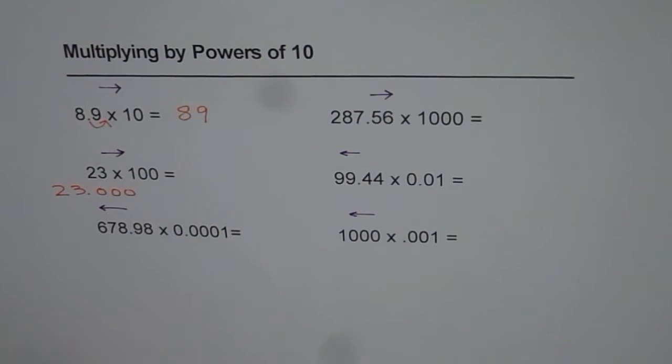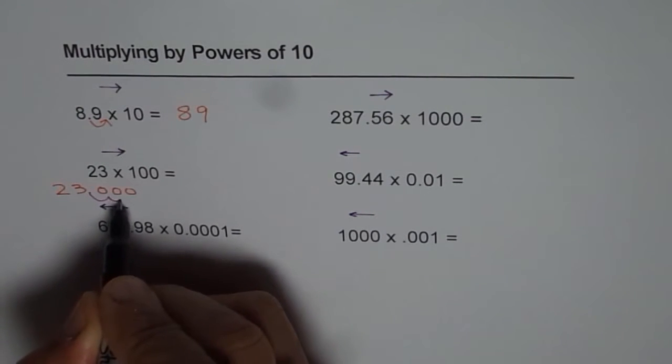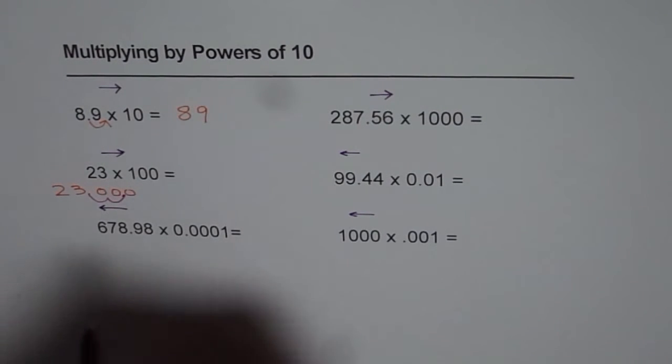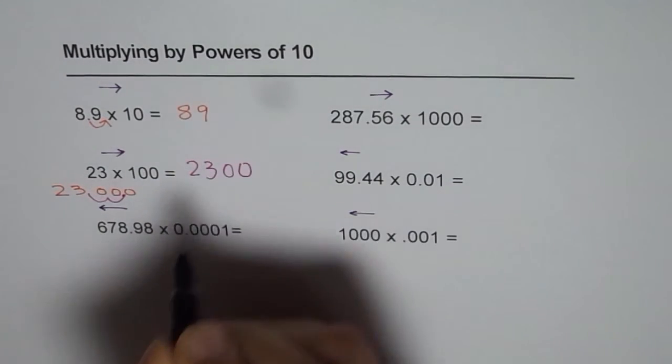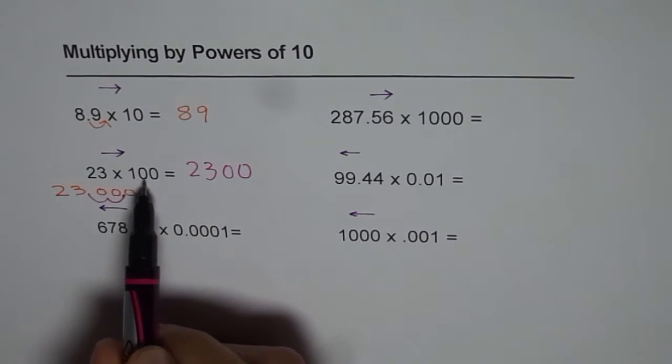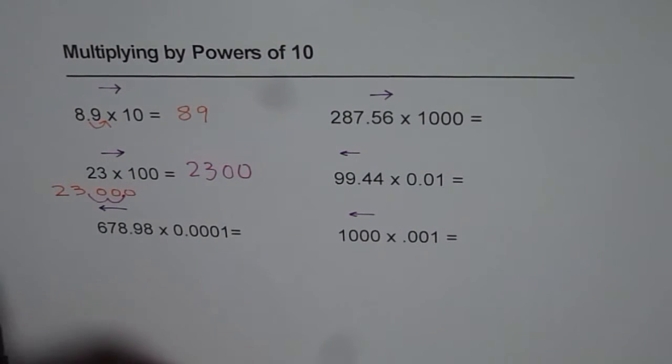Do you understand? You can do that. And then you can move the decimal to the right, two decimal places, 1, 2. So what do you get? You get the decimal there. So your answer should be 2300, right?